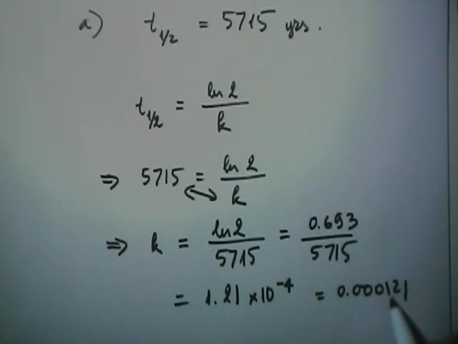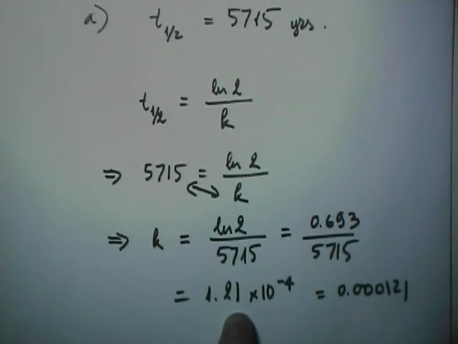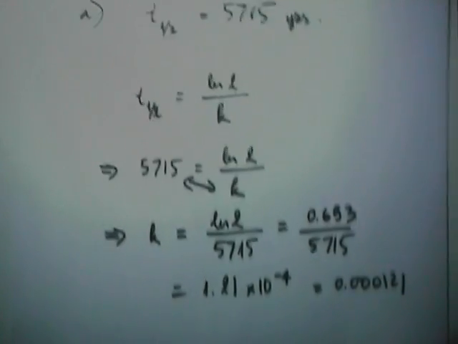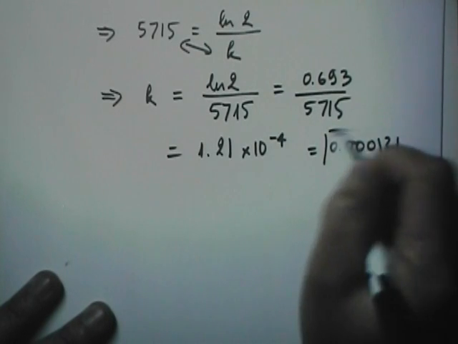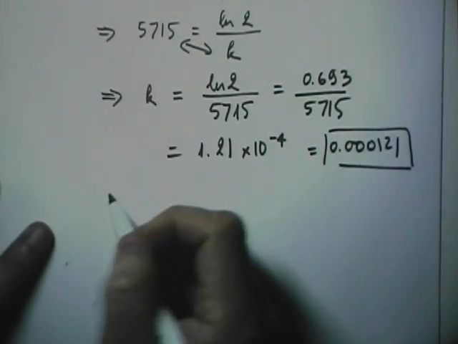So that's why it's 1.21 times 10 to the minus 4. So either way is fine. If you want to use that way to express the number, that's fine. If you want to use the scientific notation, that's fine. Okay, so the idea now is that is K, right? So now our function here is going to be what?